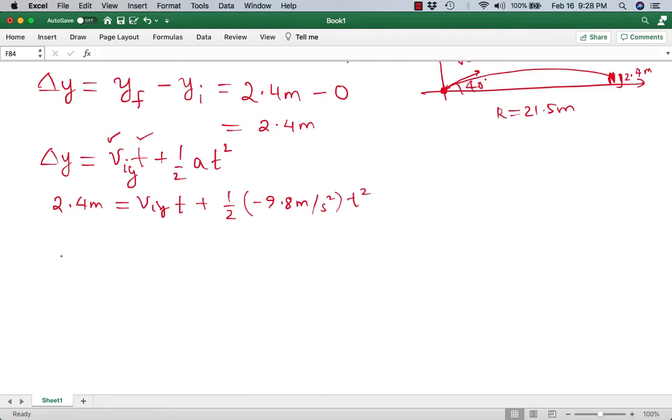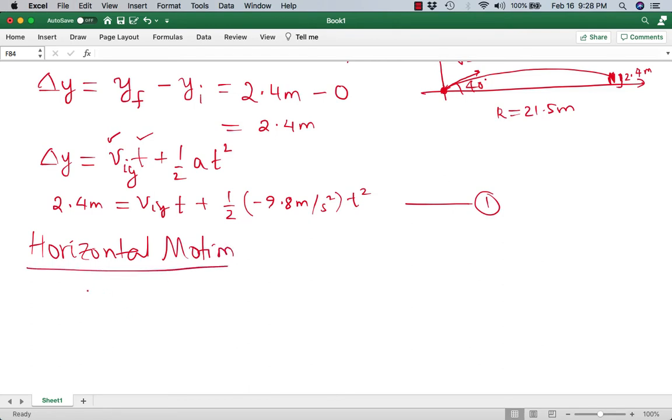Let's call this equation 1. Now let's look at the horizontal motion. For horizontal motion, our formula is range is equal to the x component of the velocity times t. We don't need to write initial or final velocity here, because velocity is always constant in horizontal motion, because there is no acceleration.